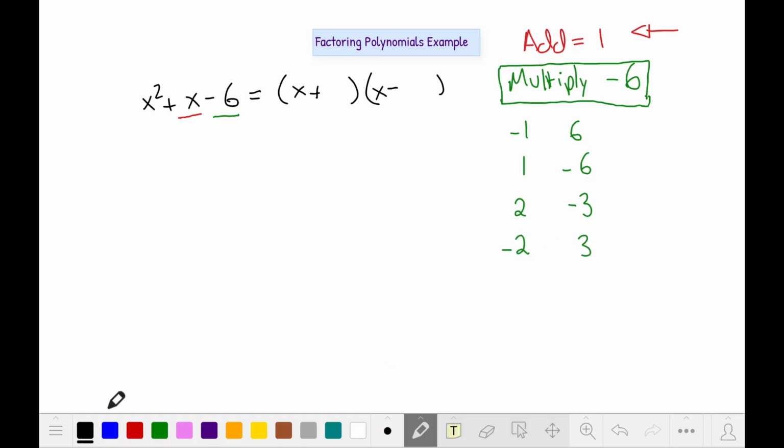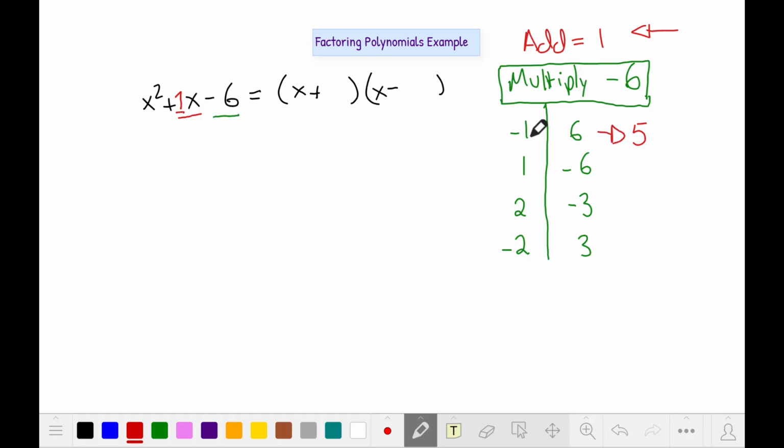So we can see here that the addition of a minus term mixed with a positive term has given us quite a few different options because we have that mix of negative and positive. One of the numbers has to be negative, the other number has to be positive if we want to have a negative multiplication. Now, if we started to add up these multiplication numbers, minus 1 plus 6, well, that's positive 5. And here we have 1 positive x.